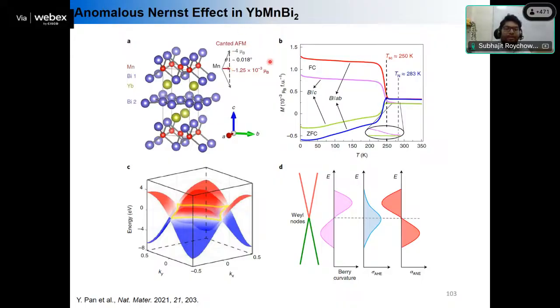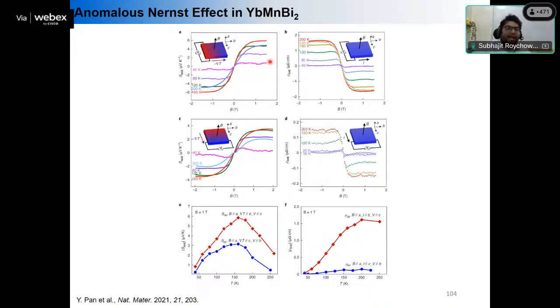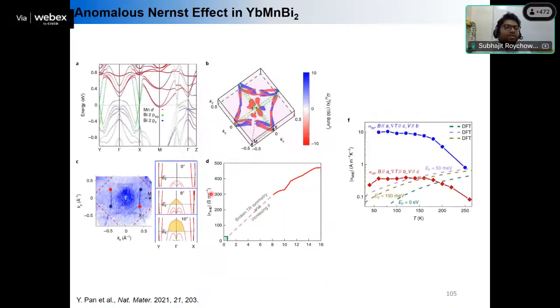Canting can give rise to magnetism. As a result, they observe large anomalous Hall conductivity as well as large Nernst thermopower in the antiferromagnet sample. That is also coming from the Berry curvature contribution in this topological semimetal.